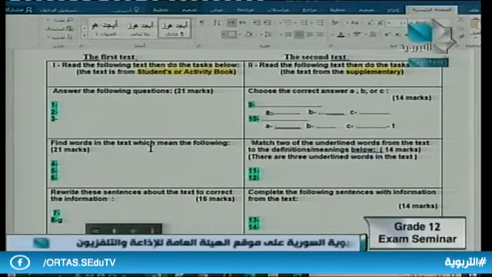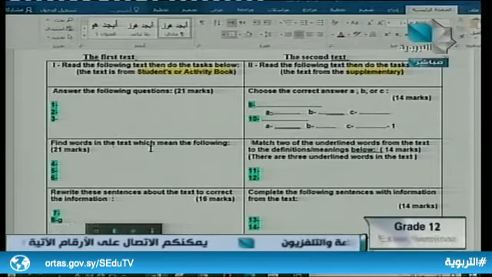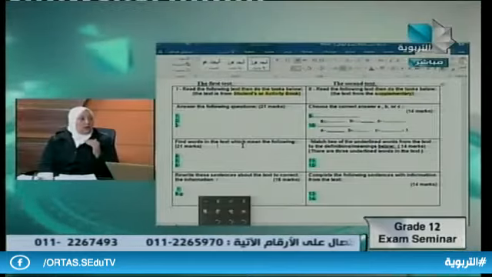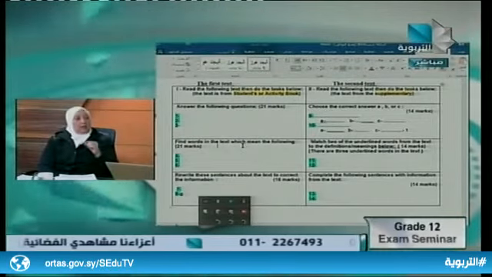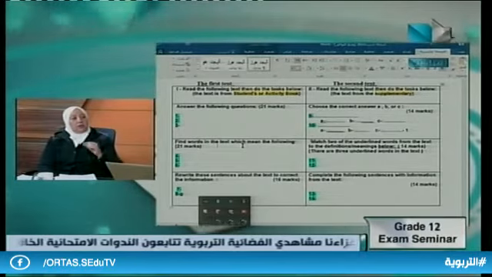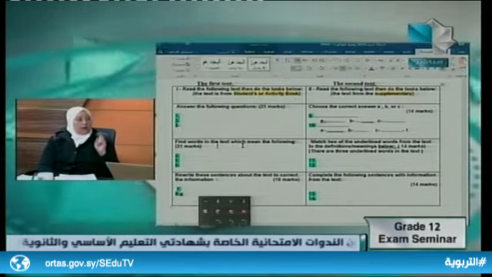They have to answer different kinds of questions. The first one, multiple choice, or let's say ABC. The second one, definition, and this time we have words in the text that are underlined, and the student has to match the definition with the meanings below. Of course, now 2 words.